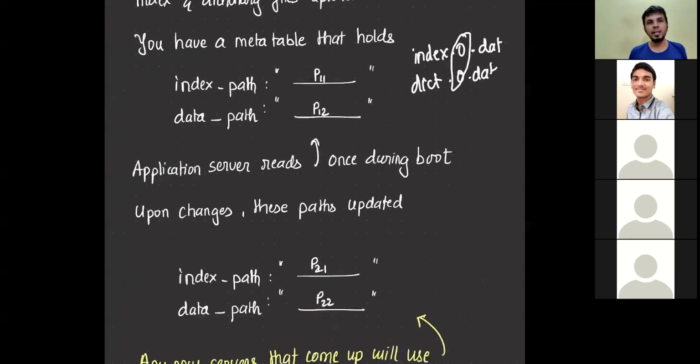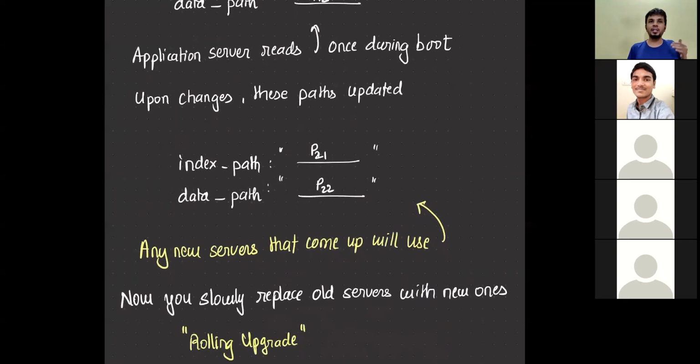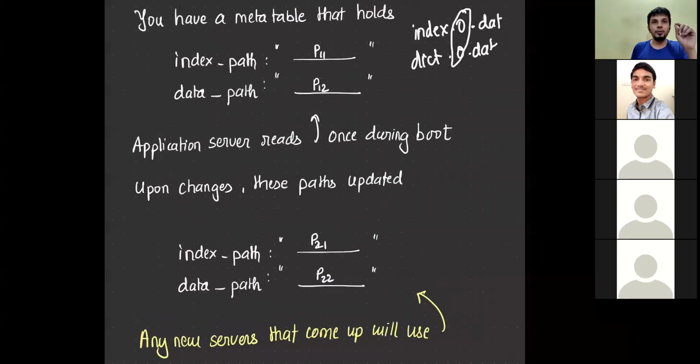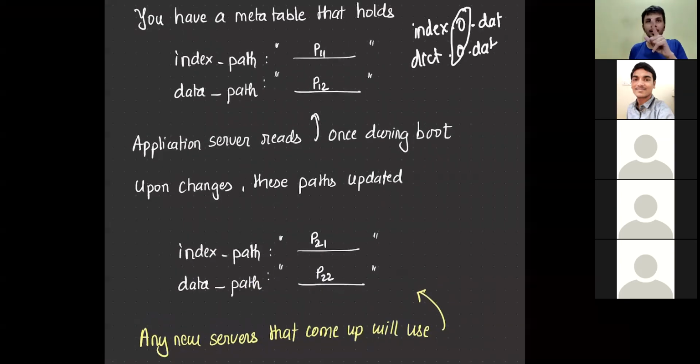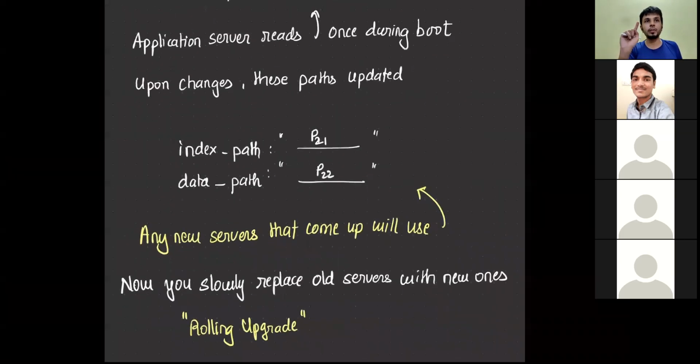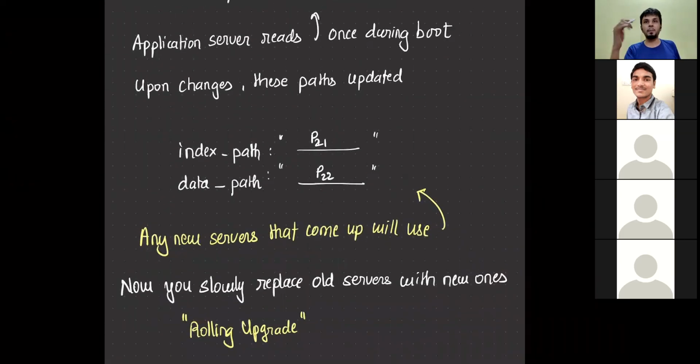Now what would happen here is once your application server reads this file during the boot, it would read, let's say, P11 and P12, the old path for the index file and data path. These paths are there on S3. The application server loads this file just once during the boot. Now, upon changes, these paths are updated.